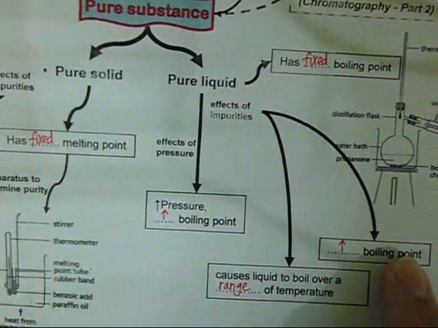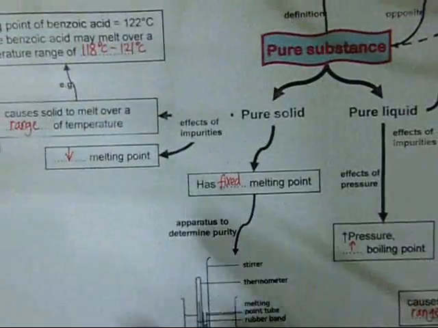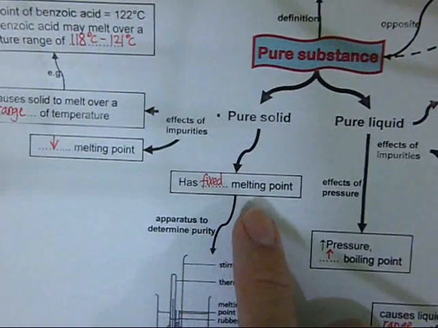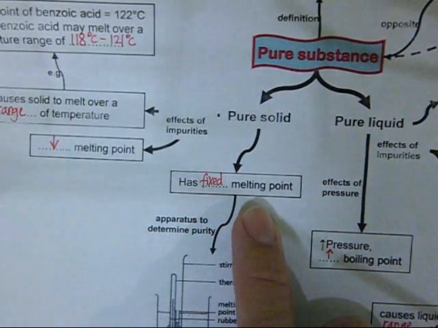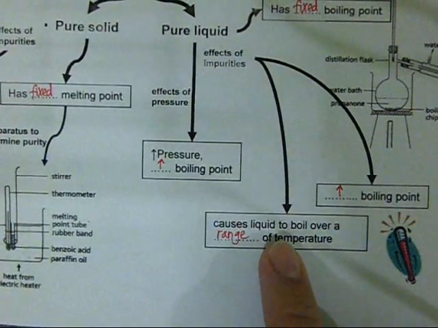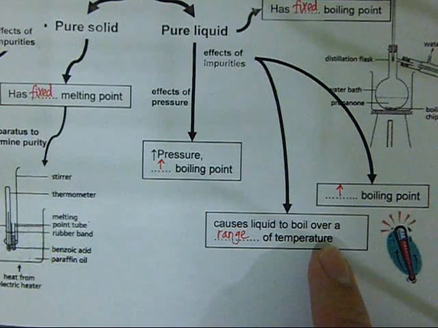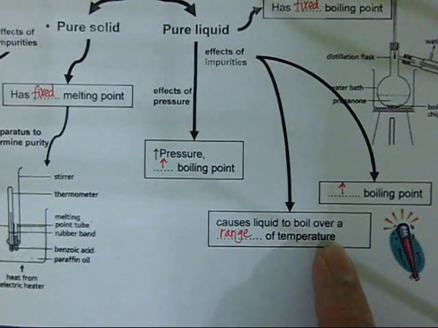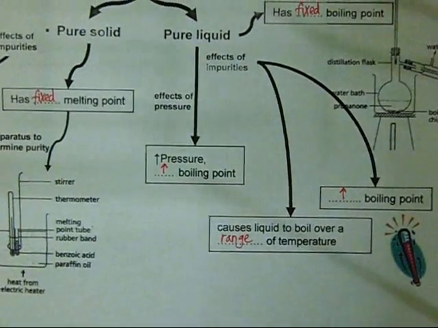So impurities basically increase the boiling point and decrease the melting point. And pure substances must have a fixed melting point and fixed boiling point. Impure substances cause the boiling point or the melting point to be at a range of temperature. You need to remember that.